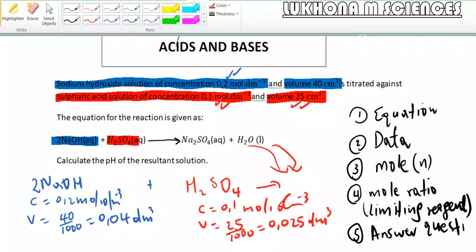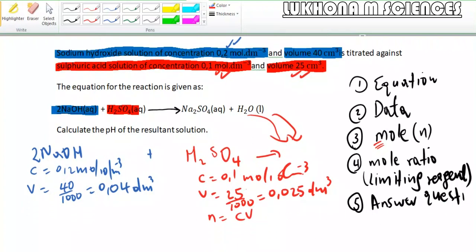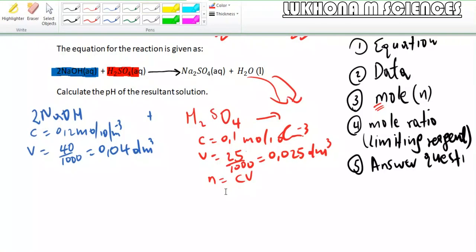Let's go to step number 3. Step number 3 says change everything to the number of moles. Now we calculate the number of moles. Number of moles n will be equal to CV, because we are given the concentration and the volume. Now let's substitute: the concentration, which is 0,1 times 0,025.